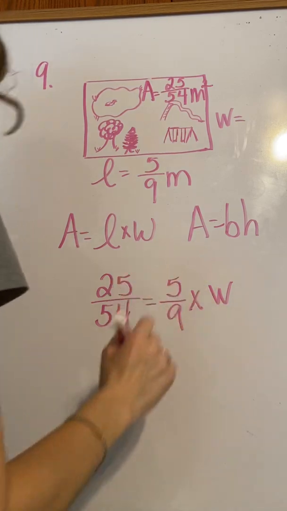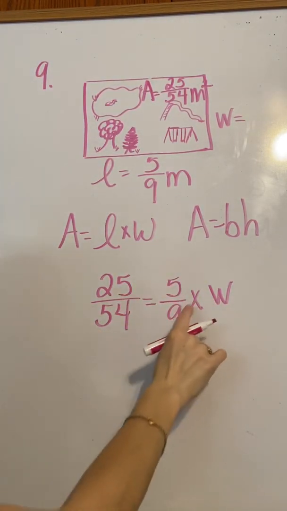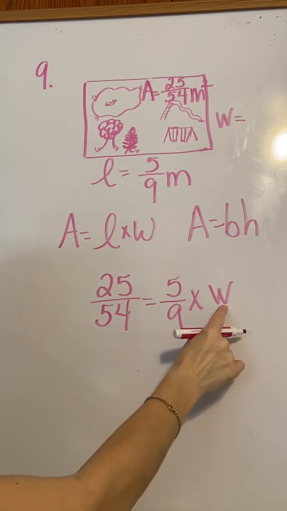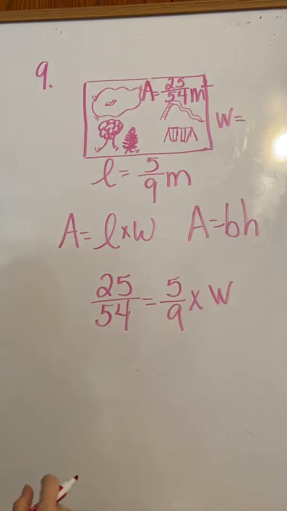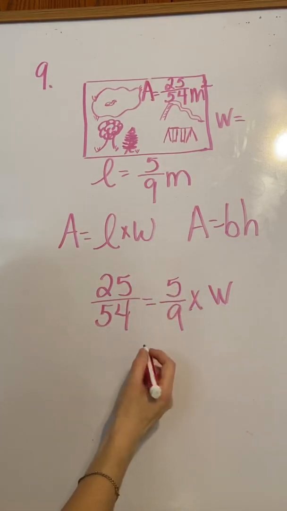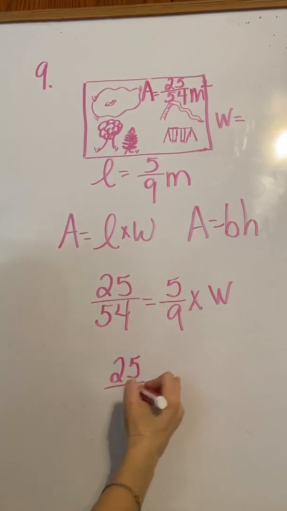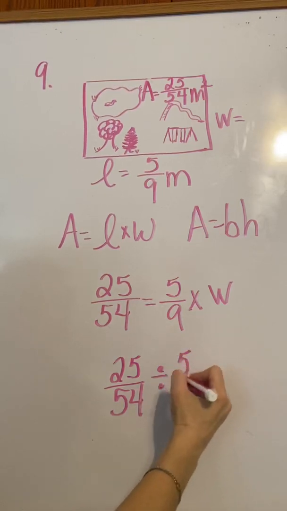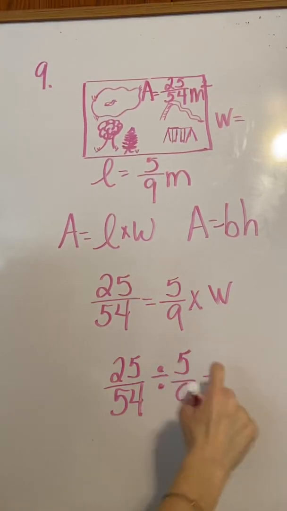We can find that missing number by doing the opposite of what this says. This says to multiply. But since we don't know what to multiply by, we can divide the area by 5/9. We practiced this a good bit last week. 25/54 divided by 5/9 to figure out what this missing number is.